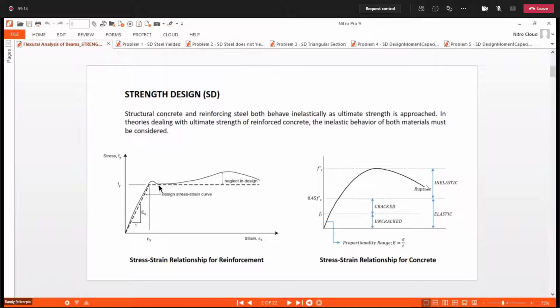So kaya nga dito makikita nyo, we are already using Fy sa design. Sa analysis, we are already using the yield strength of the material. So look at here. Yung steel natin, even though it has already a permanent setting, once it reach the yield point or the yield stress, the diagram or the graph will continue to rise.